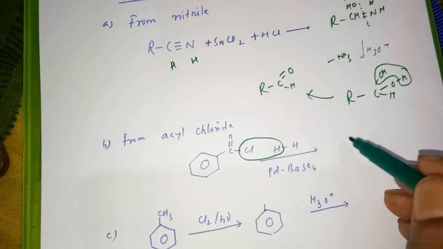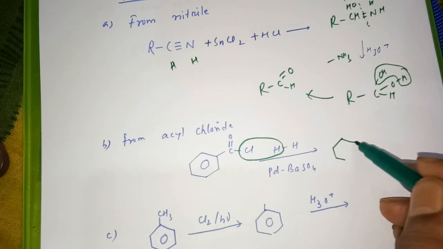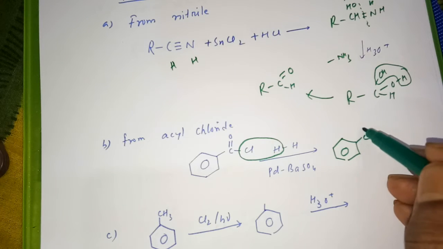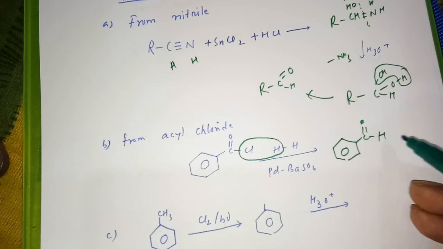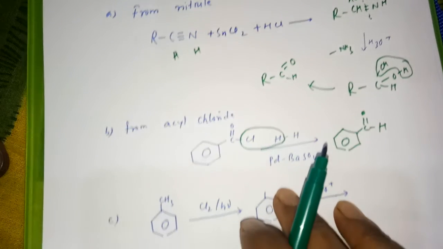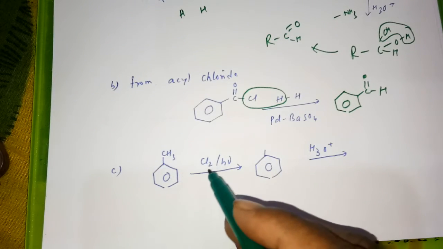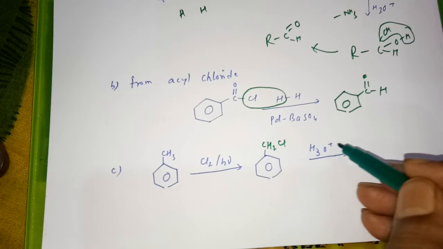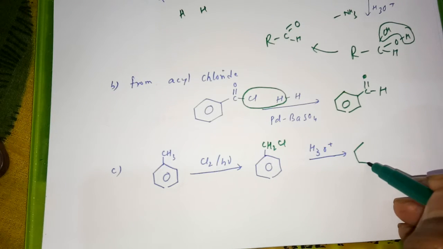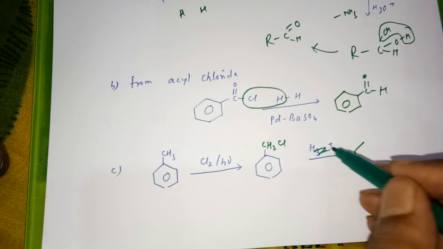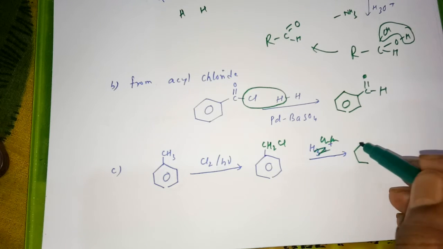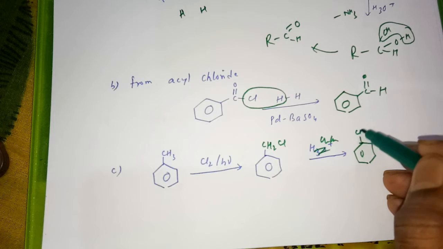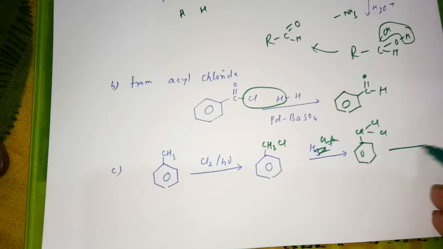Aldehyde is also prepared from acyl chloride in presence of poisoned Pd and BaSO4. If a loss of HCl takes place, the product looks like that. This is benzaldehyde. From substituted benzene, Cl2 is there, so it will be CH2Cl. Now again one Cl2 is added, and it becomes CHCl2.